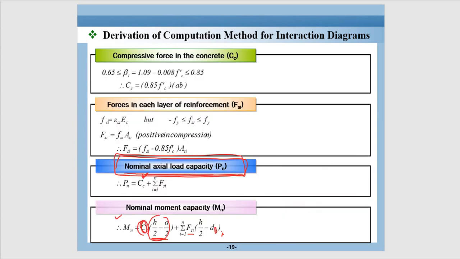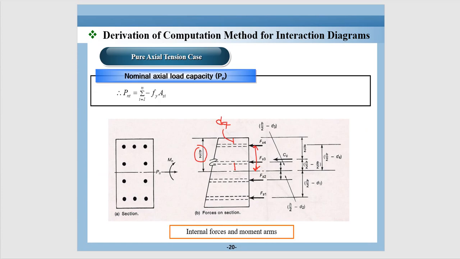d3, and here we change the directions. Fs2 multiplied by the distance, which is this, and this is a minus: h over 2 minus d2.